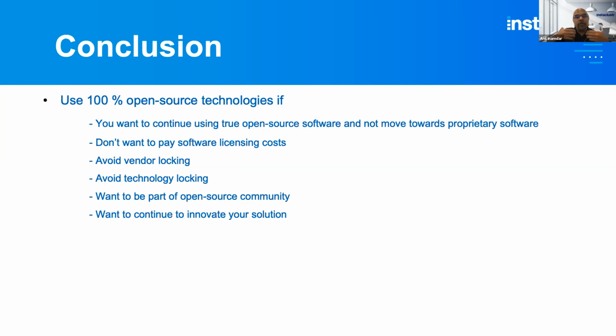You can start working with the community. That's one big thing that differentiates open source from open core, and those are some of the factors you might want to consider before using open source or open core.